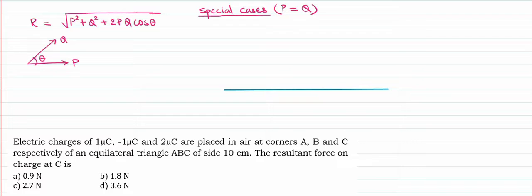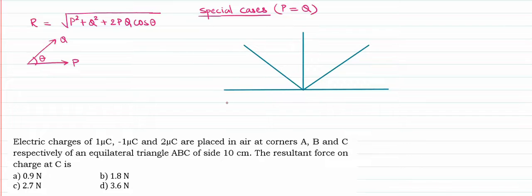For various angles, I will take 5 angles: 0, 60, 90, 120 and 180. The condition is P is equal to Q.